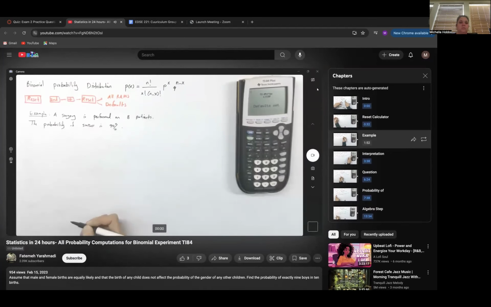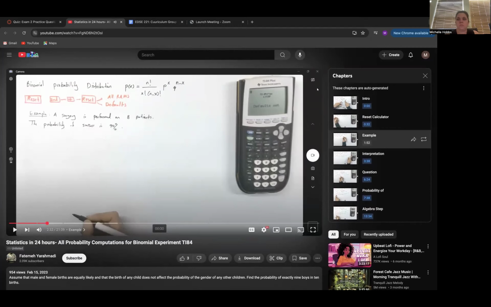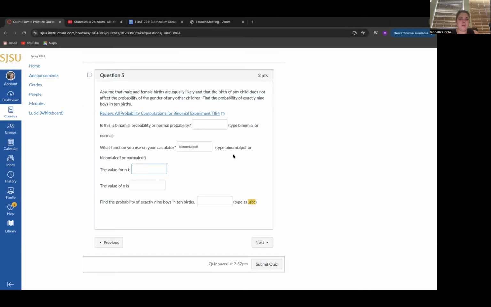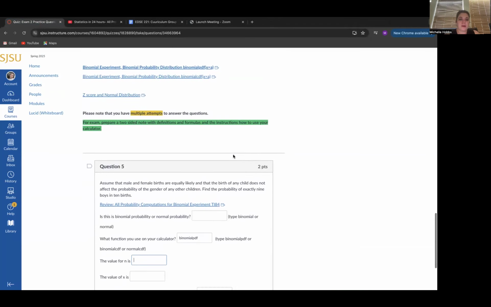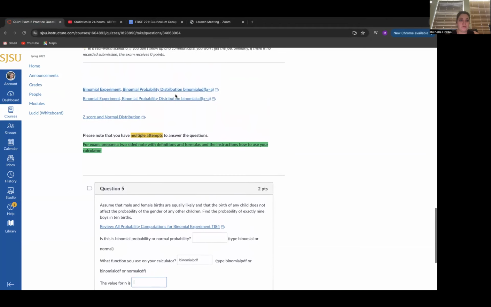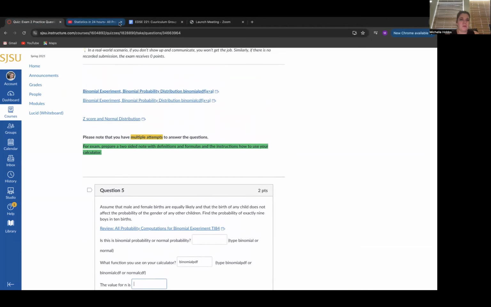Question says find the following probability. Sorry, I was trying to find the example for this question so I could follow along. I don't think that's the right one. Try to find it.